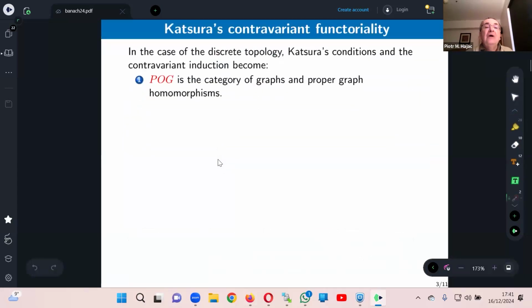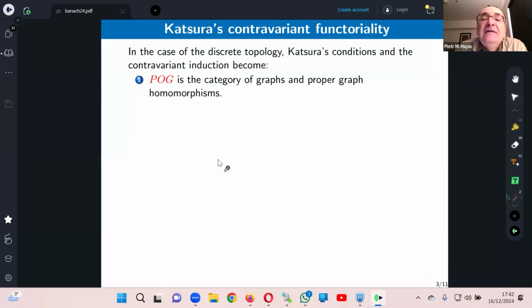Okay. Now, let me first recall what are the conditions to ensure contravariant functoriality of the construction of graph C*-algebras. And let me mention that we discovered that, in fact, Katsura found these conditions a few years ahead of us, and he found them in the context of topological graphs.